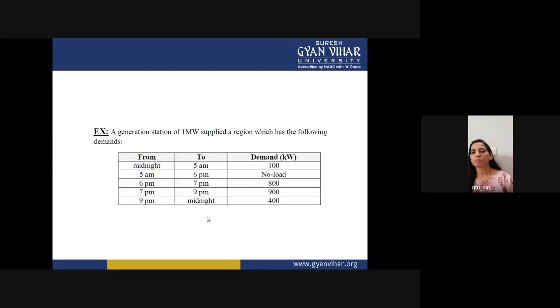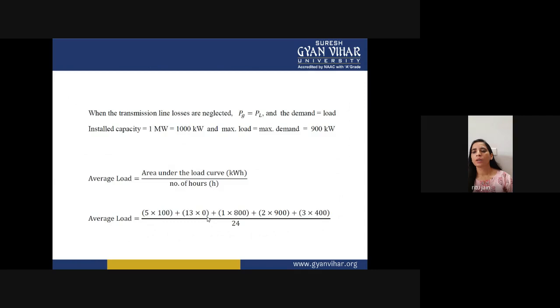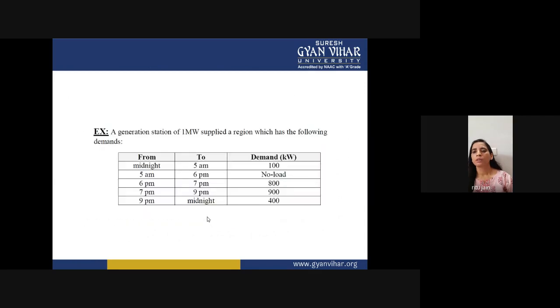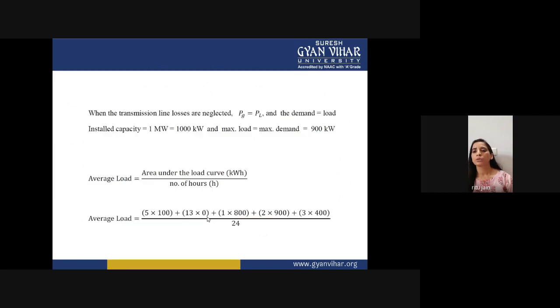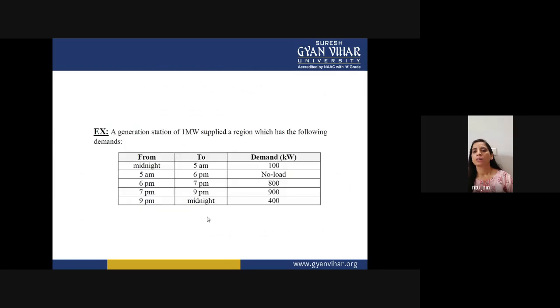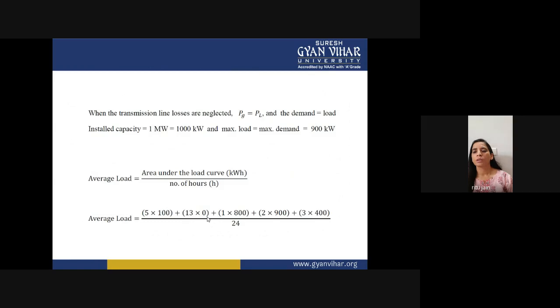Then for 1 hour you are using 800 kilowatt, so 1 into 800. Then you are using 900 kilowatt for 2 hours, so 2 multiplied by 900. Then for 3 hours you are using 400. So the load which you are using for a particular time period is over here.